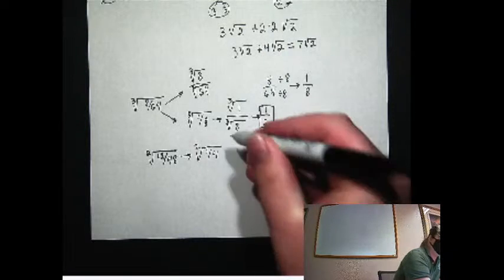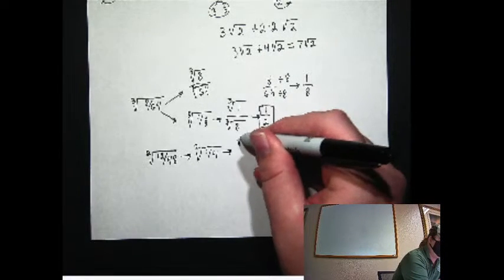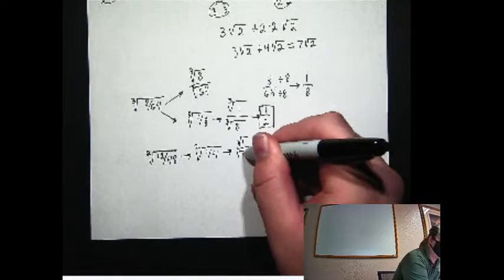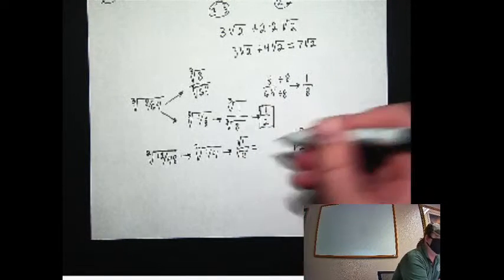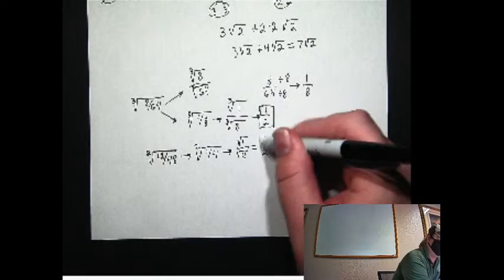So we can split it up now. Square root of 1 over the square root of 4. So what's the square root of 1? And square root of 4? There we go.